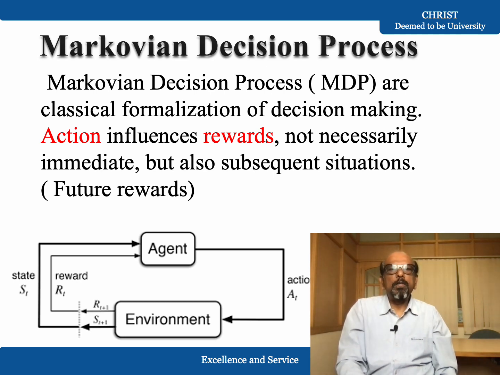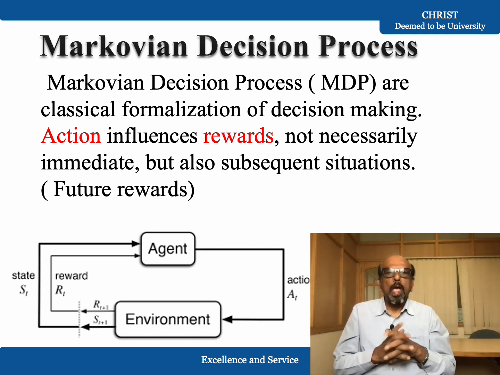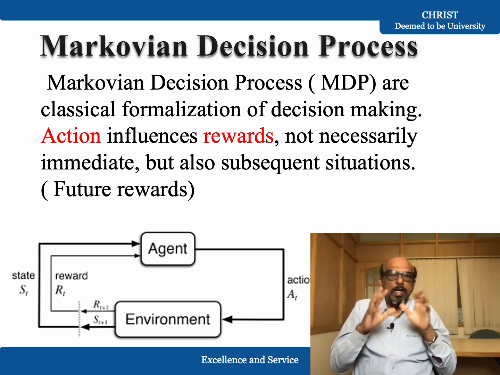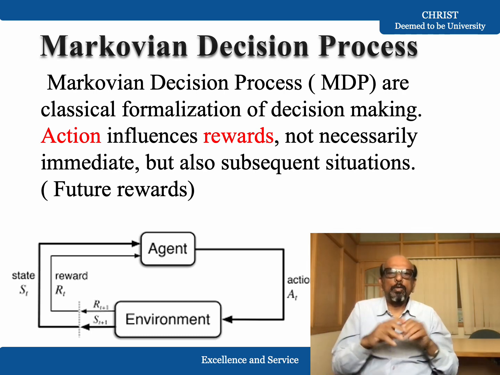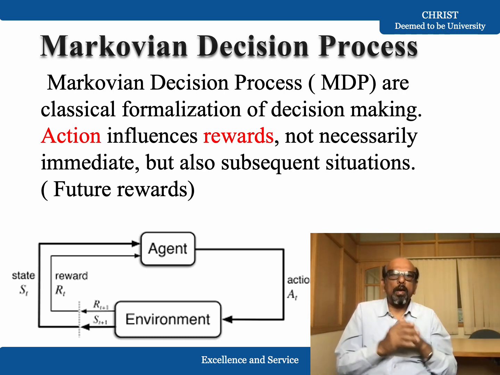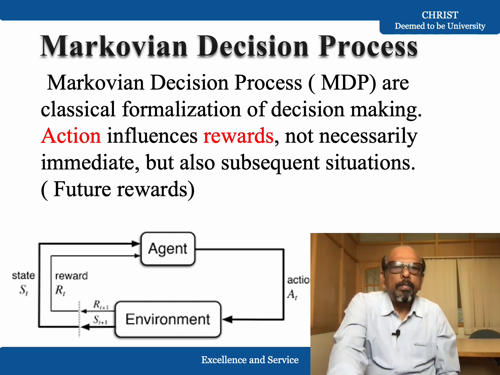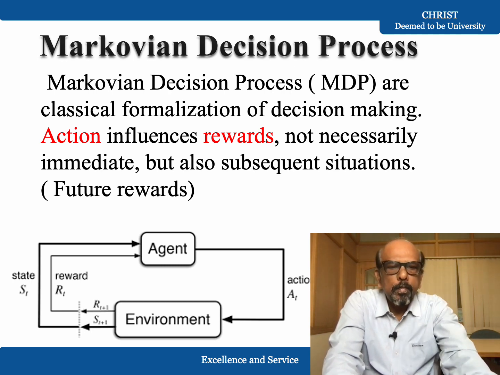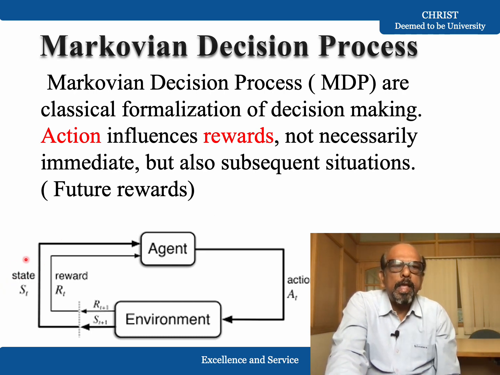So Markov decision processes are a classical formalization of decision making. Actions influence rewards, not necessarily immediate but also subsequent situations. So you look at the picture, there is an environment, and the agent is at a particular state. For example, look at it, state Si.